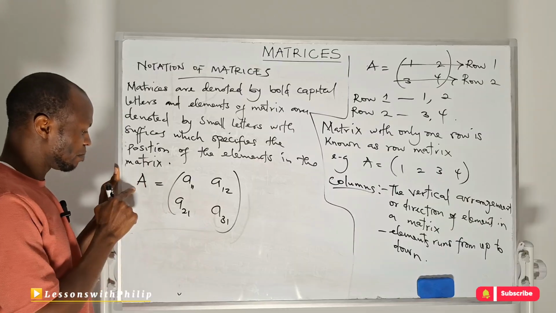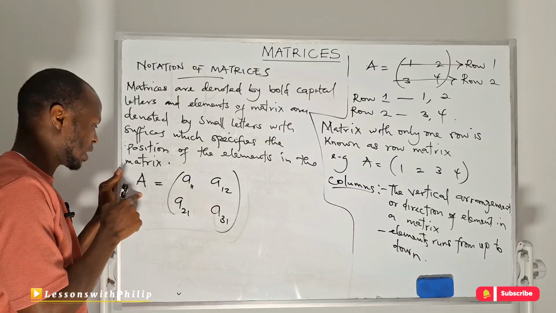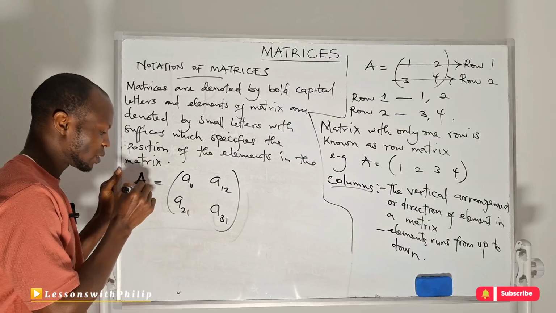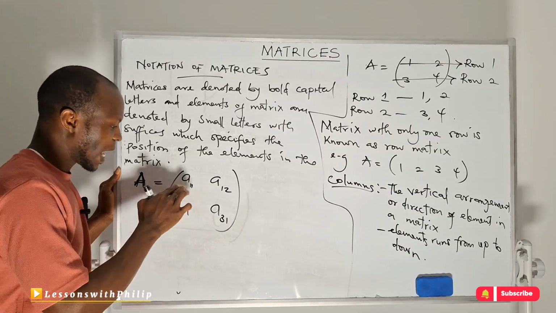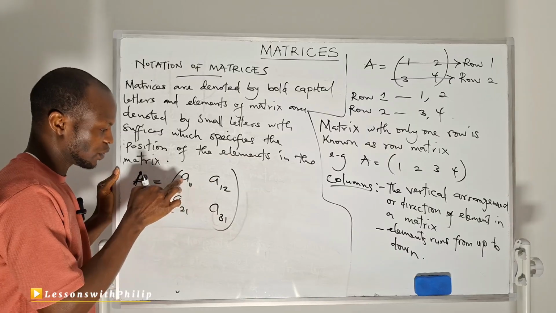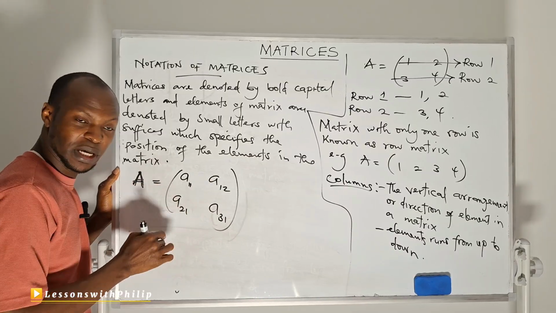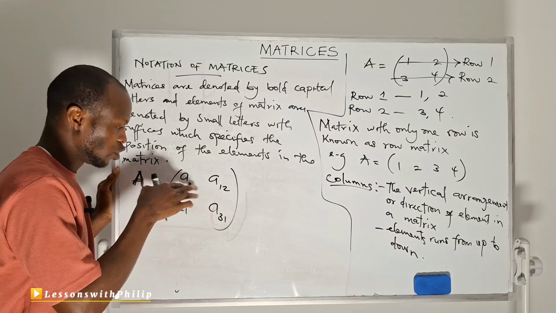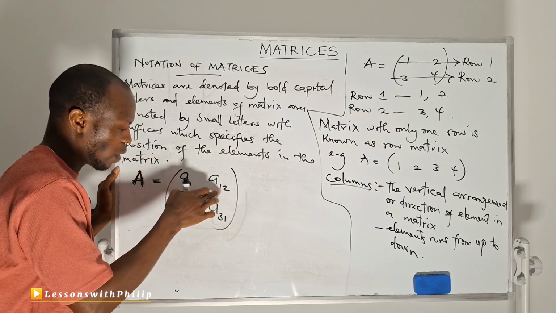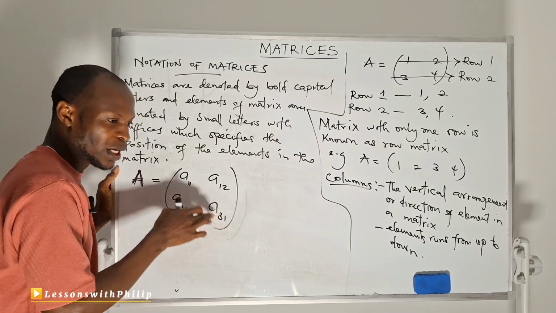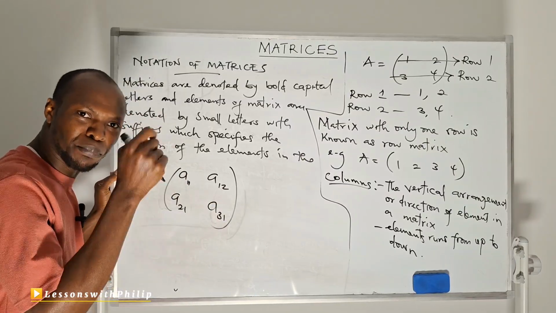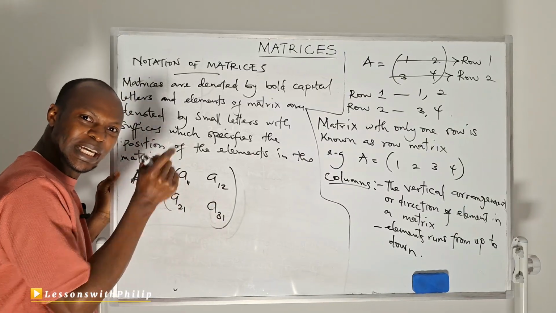And the elements of those matrices can be denoted by small letters, small letter a, and those small letters have suffixes. You see 1, 1, 1, 2, 2, 1, 3, 1. Each of those numbers has a meaning. Those numbers tell me the position of those elements in the matrix.